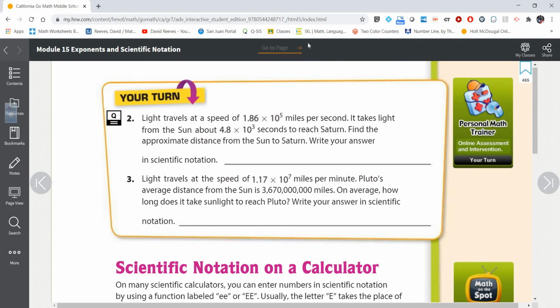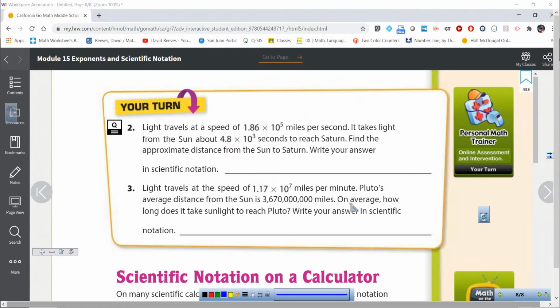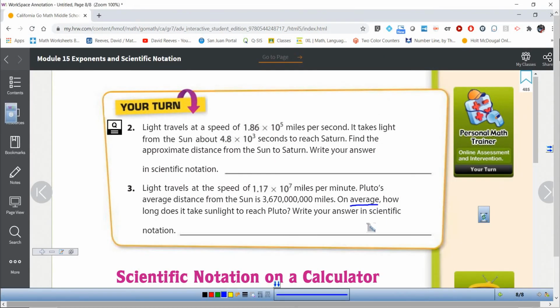Okay, what are some other types of problems we might be asked to do? Let's talk about this term on average. How do you find the average of something? Well, to find the average, you take the total and you divide by the number of data.